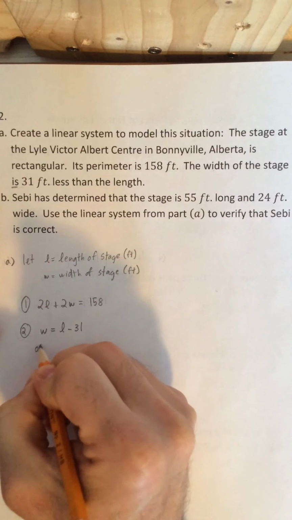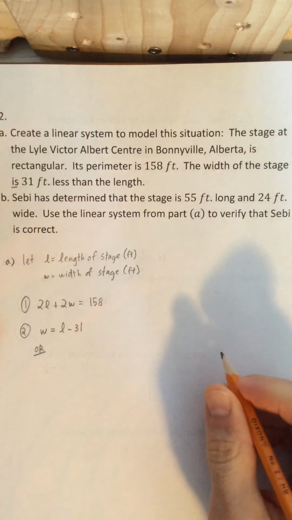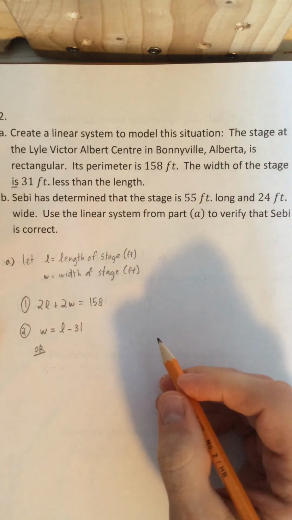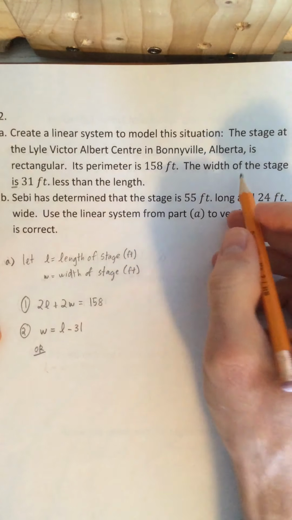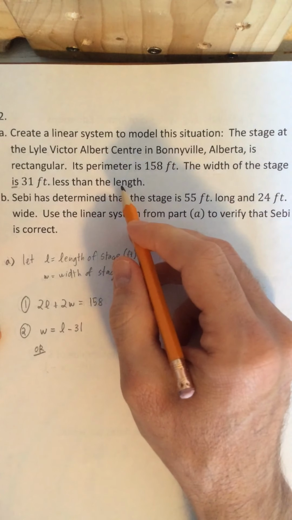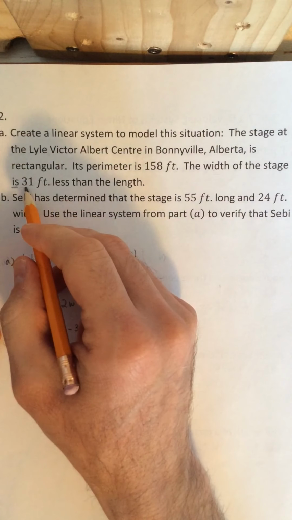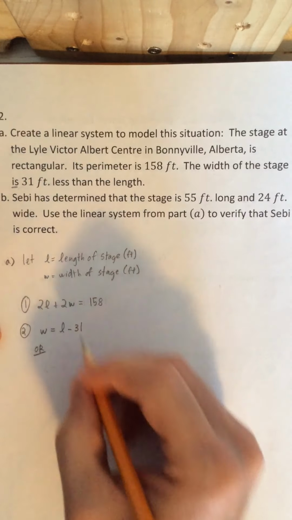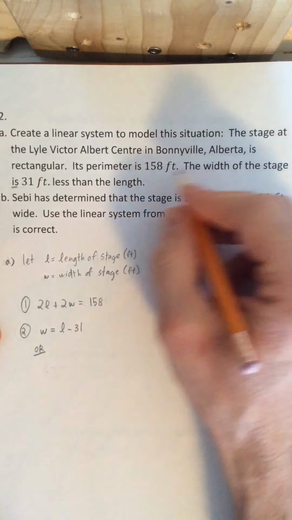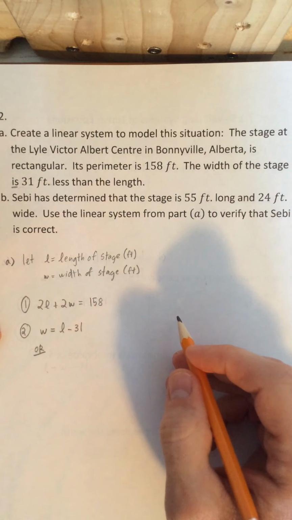Now I have found in the past that students have struggled with these types of equations. So an additional way, a second way that I would suggest, if you're really not sure, try to figure out which one's bigger than the other and write this number, the difference between them, as a total. So the difference between the width and the length, the total, is 31 feet.